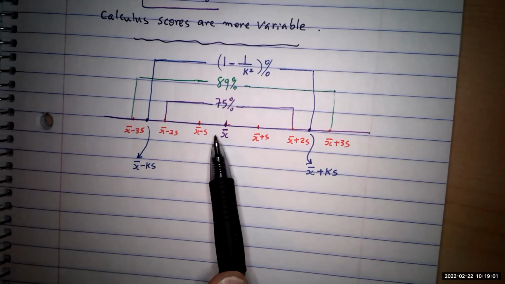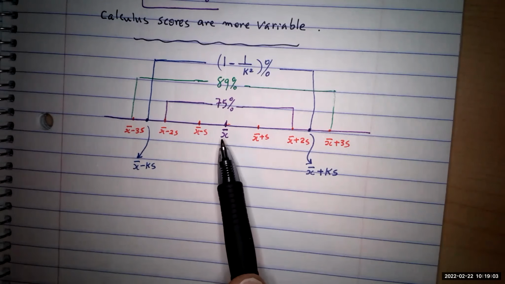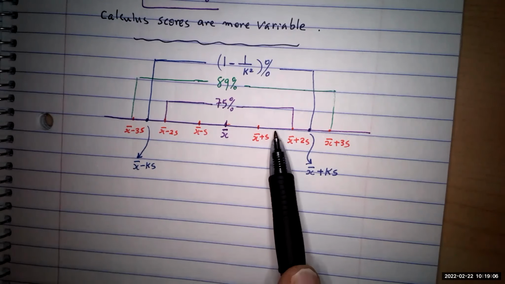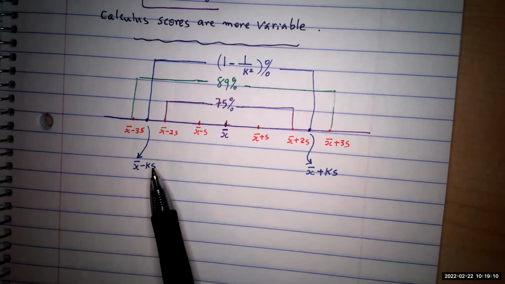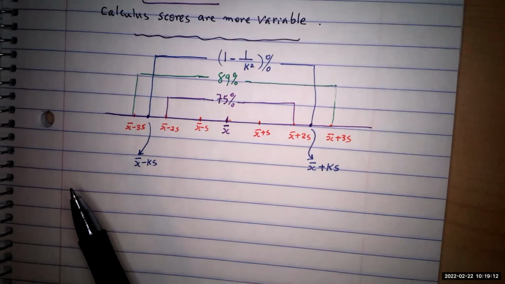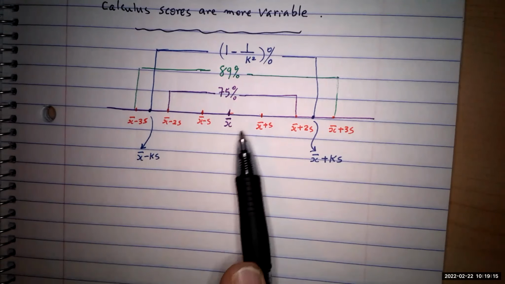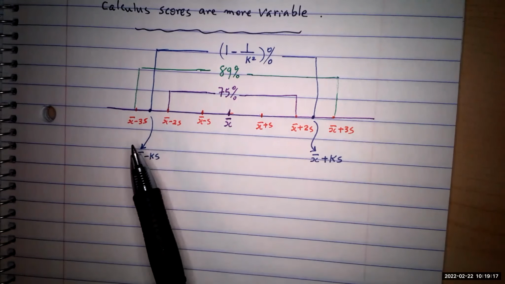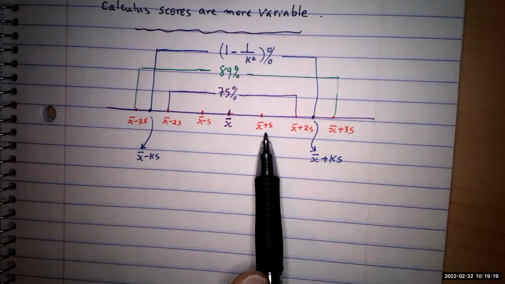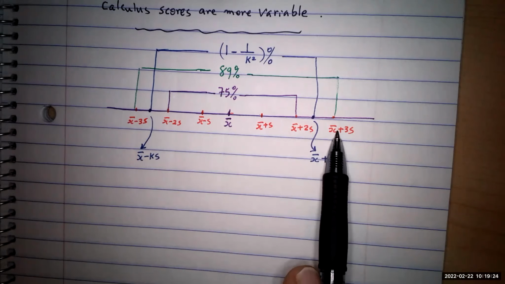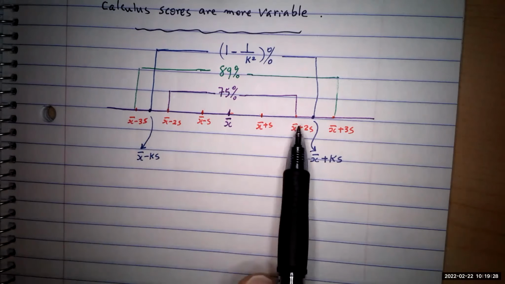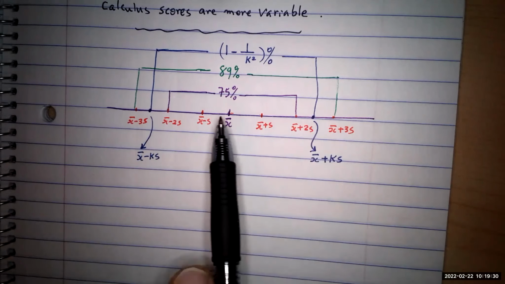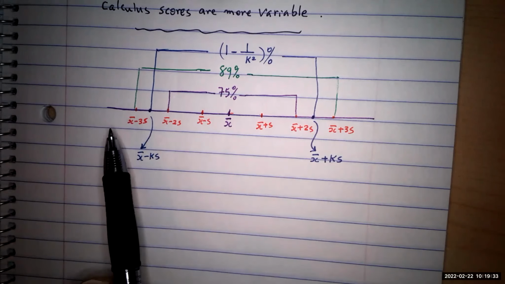Then we would like to know about a specific data value: how we are going to compare it to X bar, where its position is. So we decided to compare them according to the number of standard deviations to the right or to the left. I identified 1 standard deviation, 2 standard deviations, 3 standard deviations to the right, and these are going to be to the left. To the right, you are above the mean. To the left, you are below the mean.